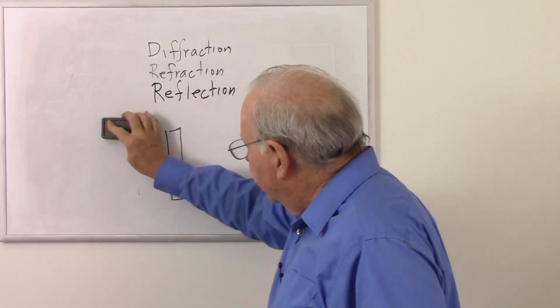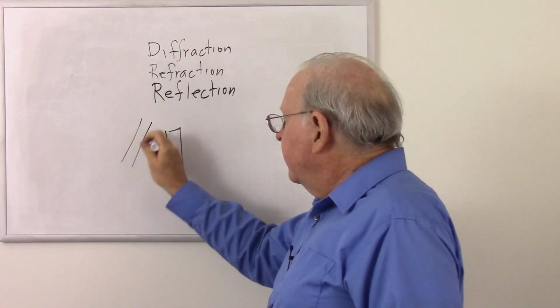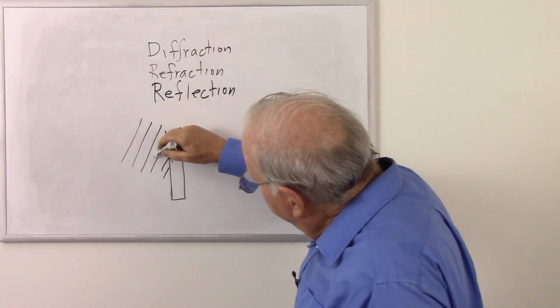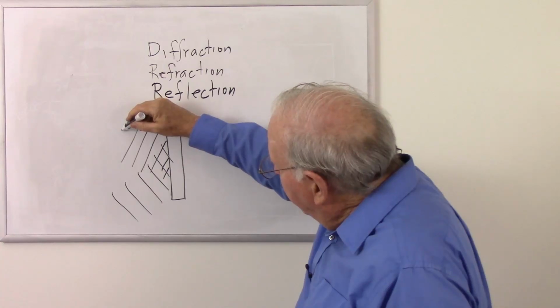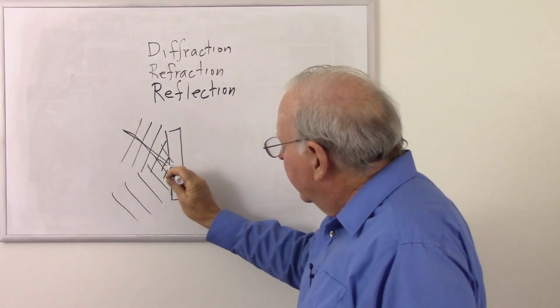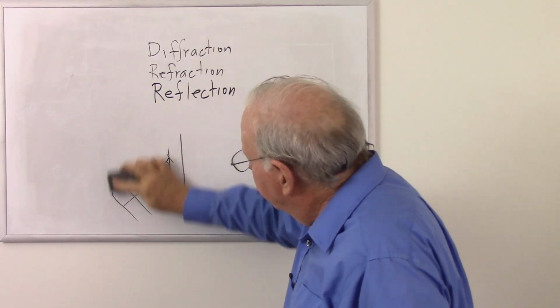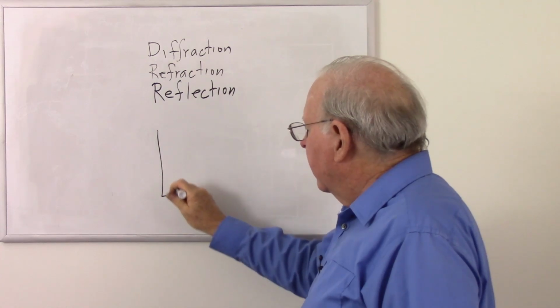And another thing important about reflection, let's get this out of the way here. If these come in at an angle, what's going to happen? These waves are coming in at this angle. They're going to go out at another angle. What we see is that we have a direction coming in and a direction going out. Let me redraw this just for clarity. Here is our barrier that we cannot go through.